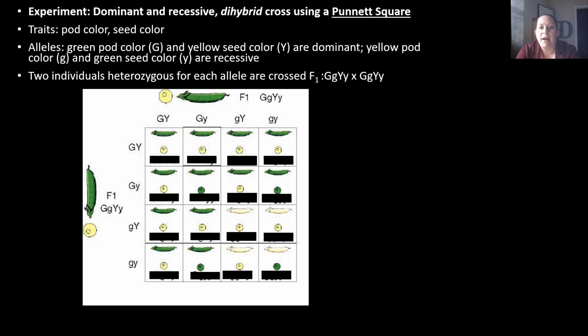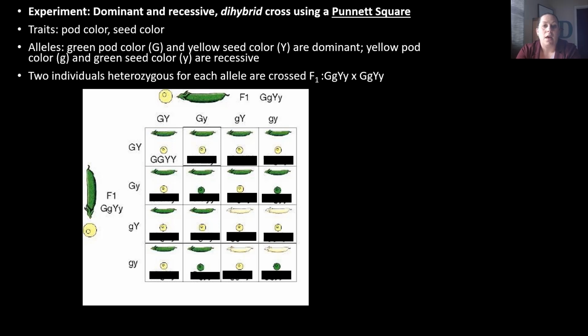This is going to then help us put in the proper genotypes into each box. So in this first one, I'm going to bring the two big G's together and the two big Y's together. So this one is big G, big G, big Y, big Y. So what color are they? Well, green pod, yellow seed, because they have all the dominant traits.